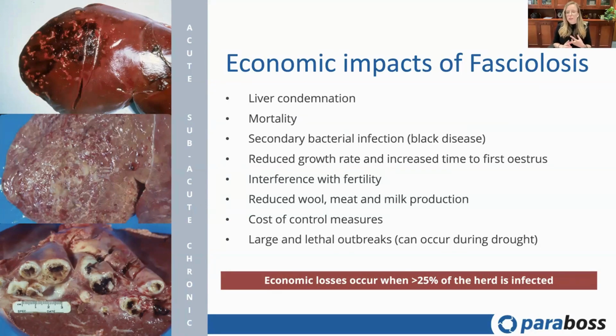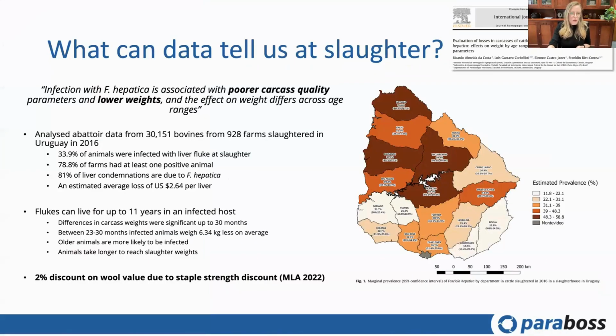You can get secondary bacterial diseases such as black disease, but that's not very common these days. We manage that with our Clostridial drenches. But mainly what we're seeing is chronic losses, associated with reduced growth rates or fertility, reduced production outcomes, but also the cost of control is a significant one as well.